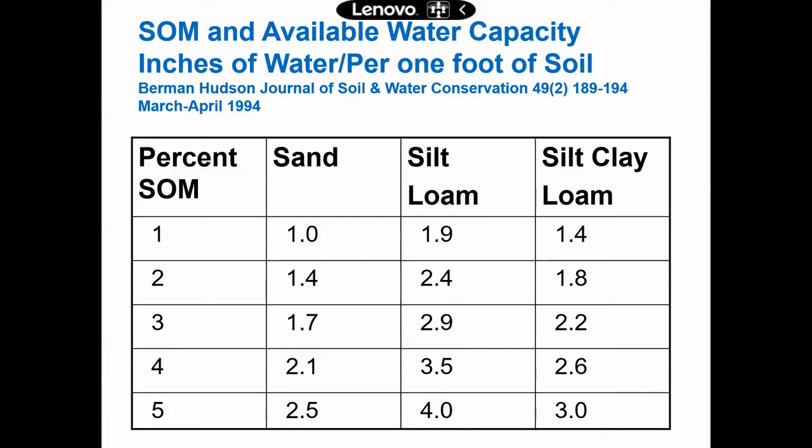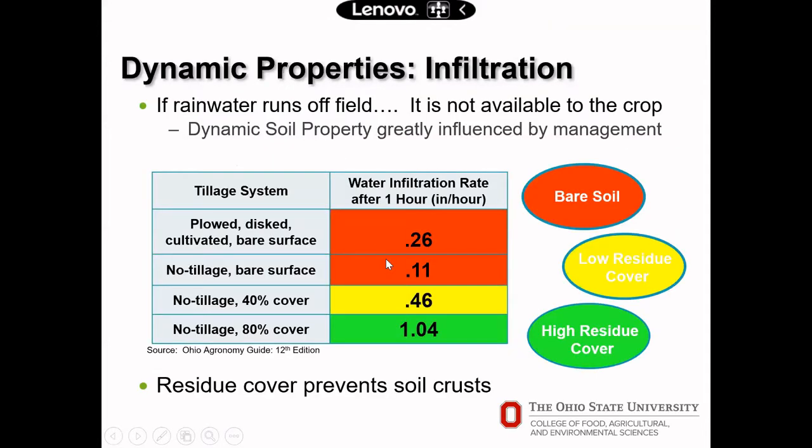Now, if you divide the 5 into the 4 on the silt loam, now we're at about 0.8, and 5 into the 3 acre inches of water for the silty clay loam, we're at about 0.6 acre inch of water for every 1% organic matter. So it is important, the higher the organic matter, the more water you can store in the soil.